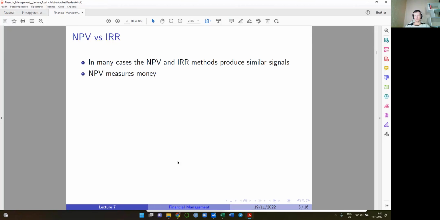We know that net present value measures money. This is the increase in shareholders' wealth because of the investment project realization. How wealthier is the shareholder after this investment project is started. Internal rate of return measures profitability in percent.